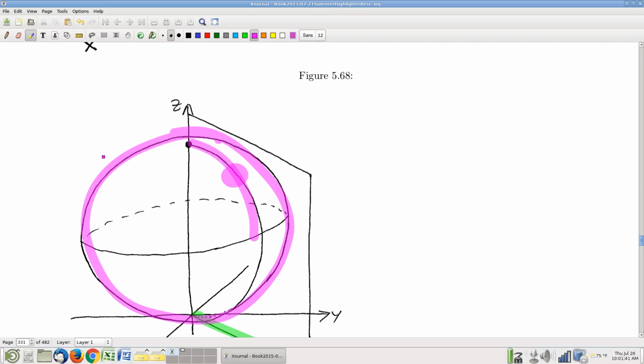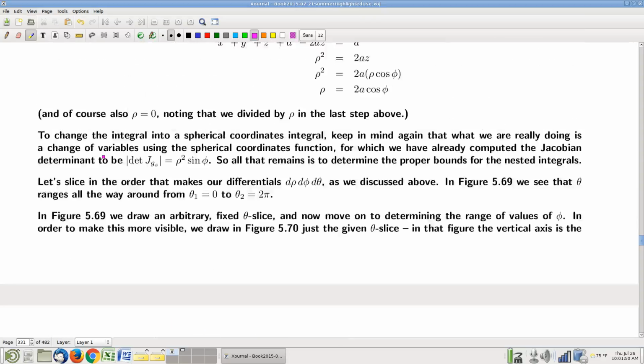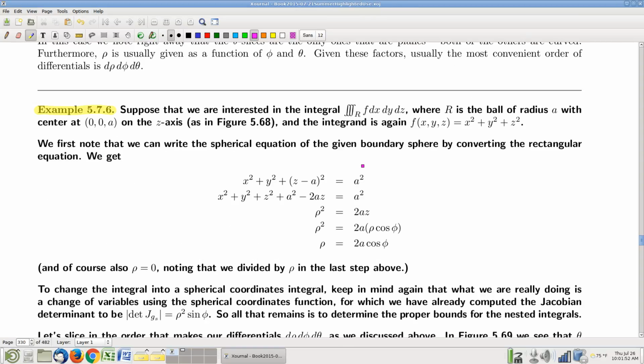Okay, so again, this is a flashback to Chapter 1. Remember, we spent some time in Chapter 1 on how you find the equation of this or that in a given coordinate system. So you've got to go through this process here. Here's the equation in rectangular coordinates. That's Algebra 2. Then play the game.